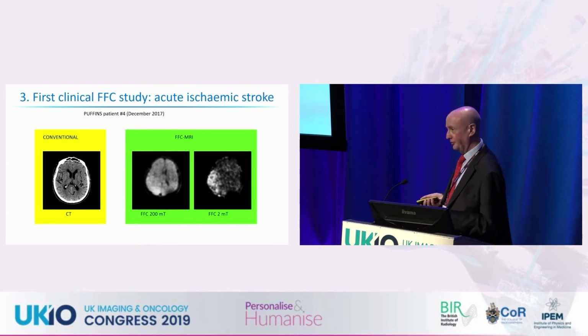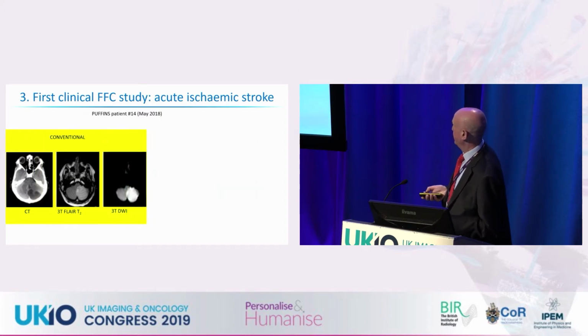It's T1-related contrast at ultra-low field, because switching to ultra-low magnetic field maximizes the T1 contrast. So we were really excited to see that in just the 4th patient that we'd studied in this group of patients.